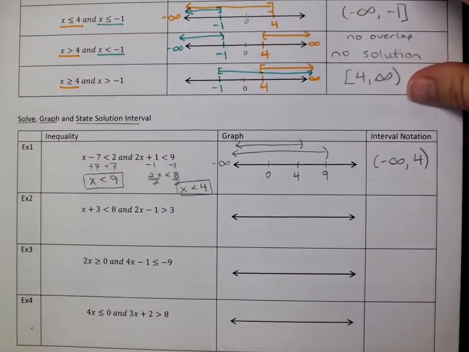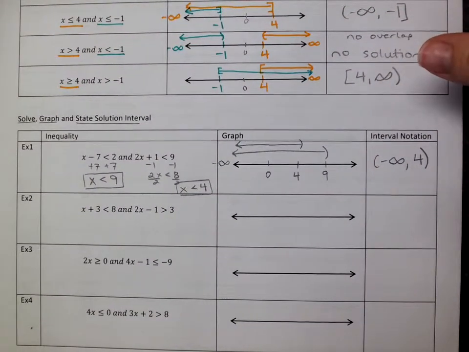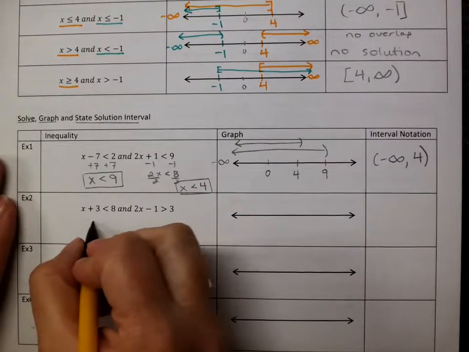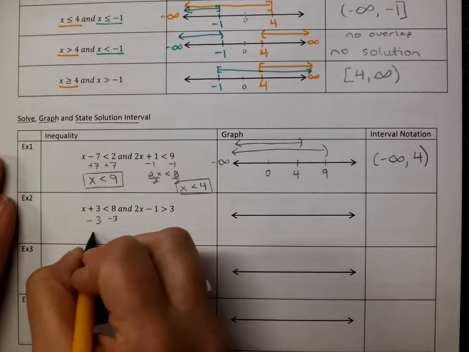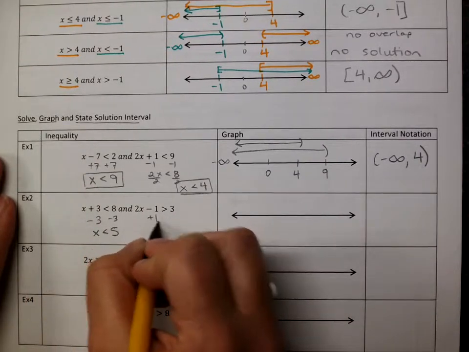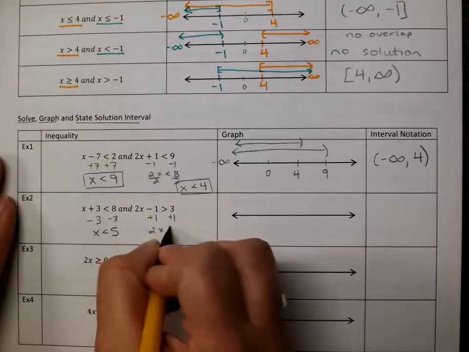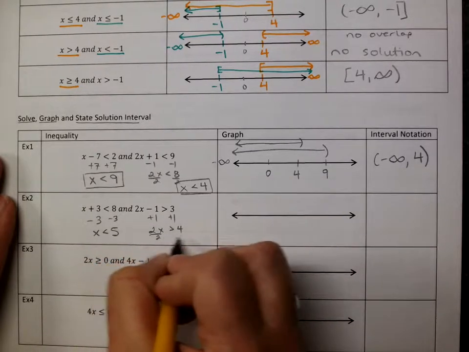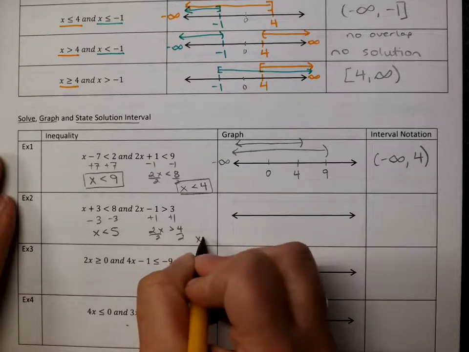All right, let's look at example 2. Again, you can pause the video at any time and try it on your own, or you can just continue to follow along. We're going to subtract 3 here. X is less than 5. We'll go ahead and solve this guy. X is greater than 2.